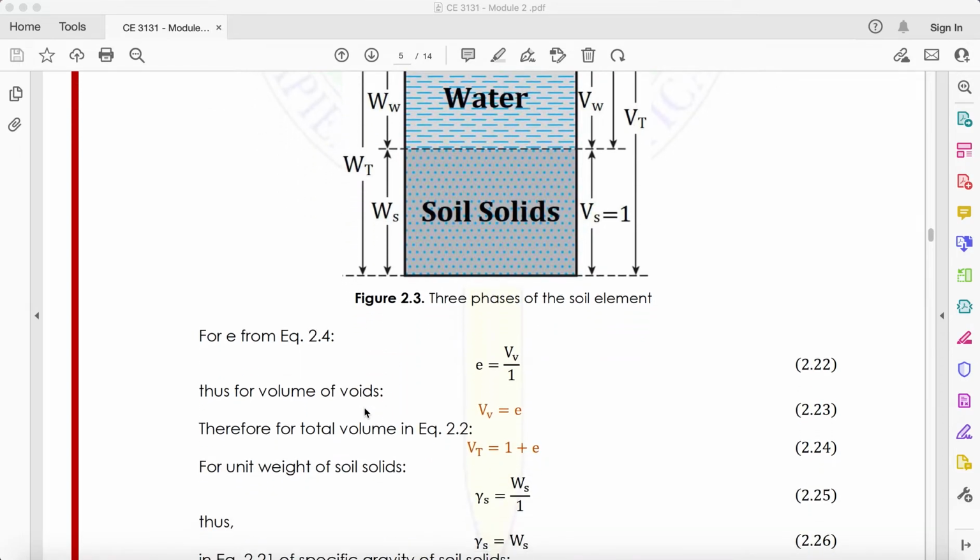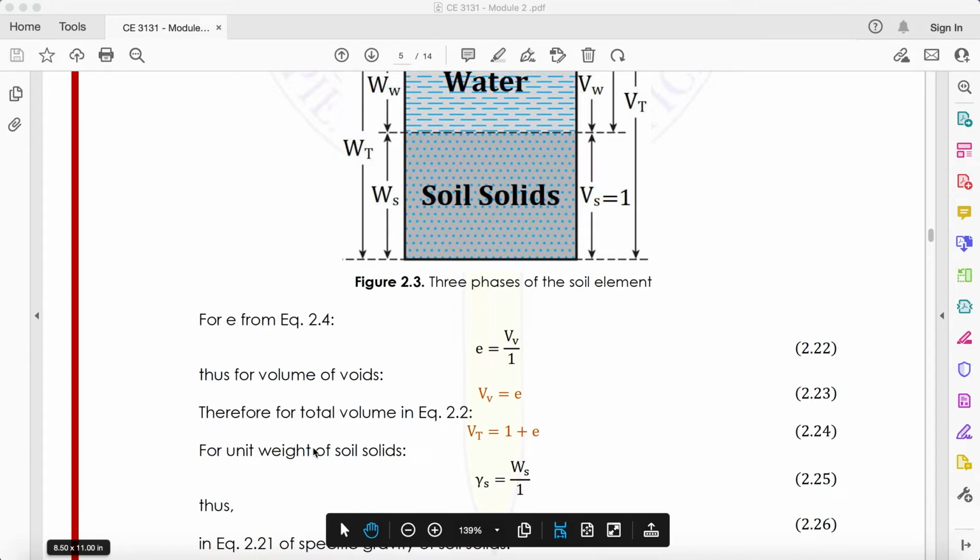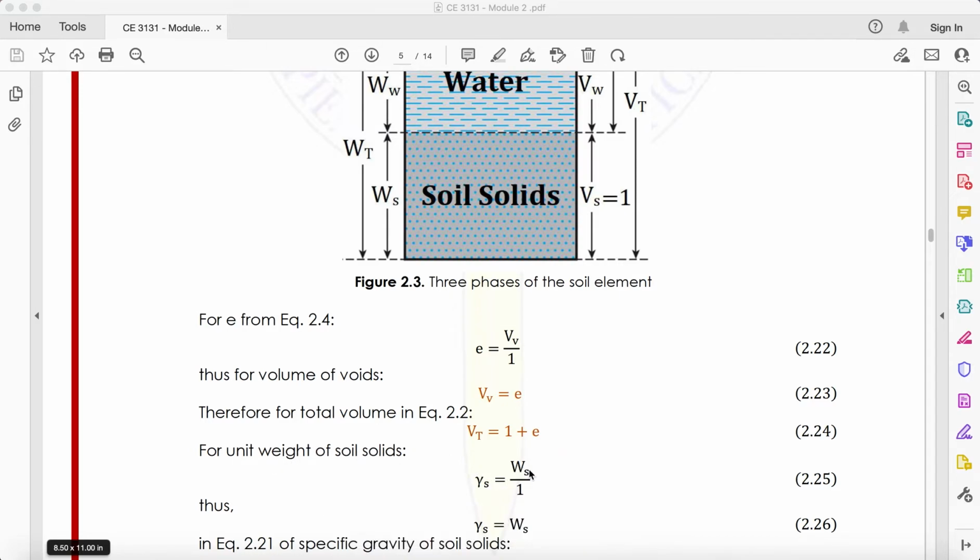Okay, now for unit weight of soil solids, the unit weight of soil is equivalent to the weight of the soil divided by the volume of the soil. Again, the volume of the soil is equivalent to 1. So substituting it here, cross multiply, the unit weight of soil is equivalent to the weight of soil.